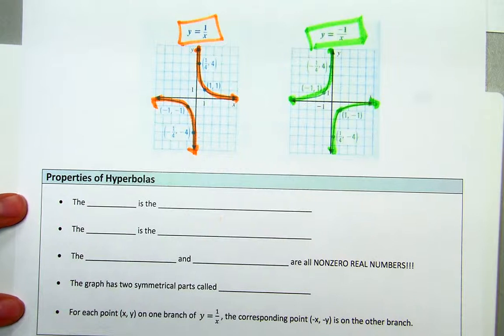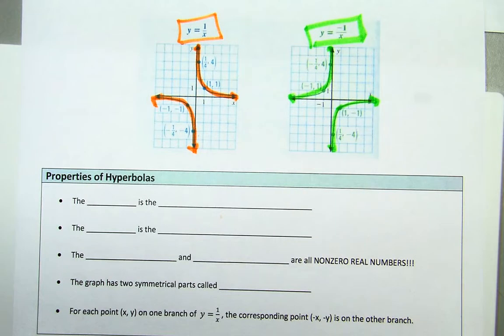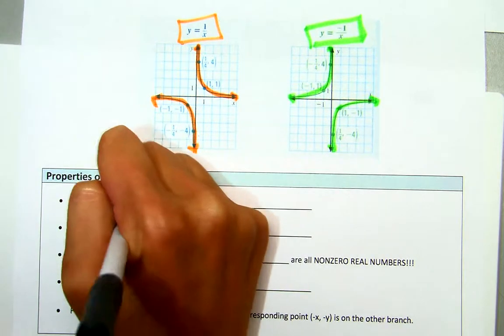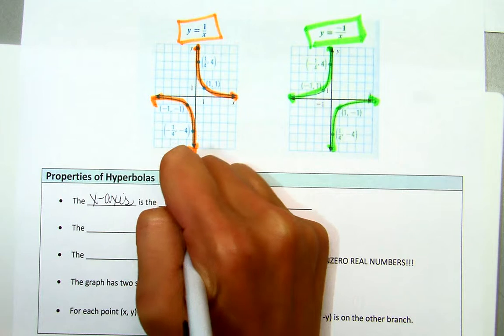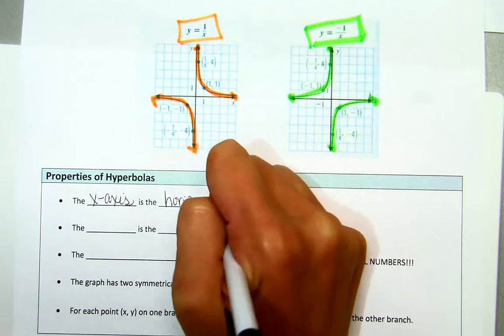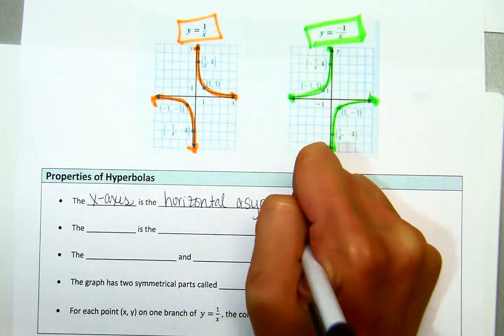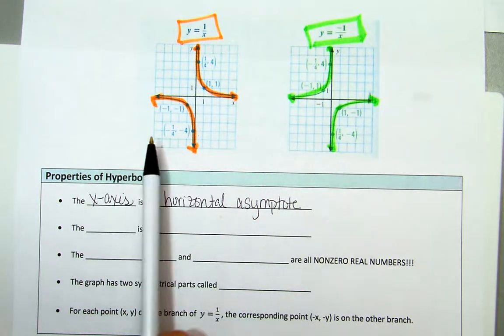So let's talk about some properties of these rational function graphs. The first property that is always going to hold true is your x-axis. So your x-axis is the horizontal asymptote of these two parent functions.